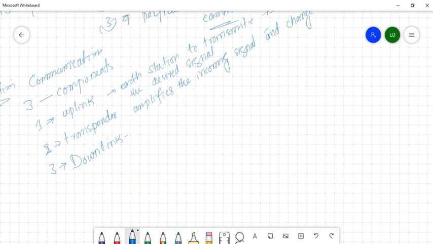Okay, and the last one, that is downlink. So it is a kind of receiver.